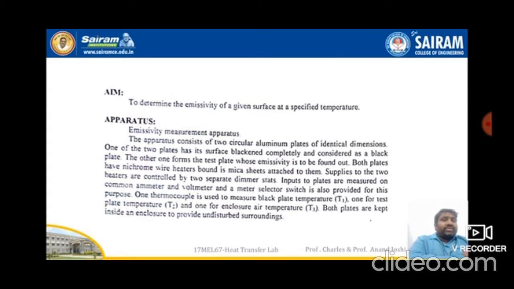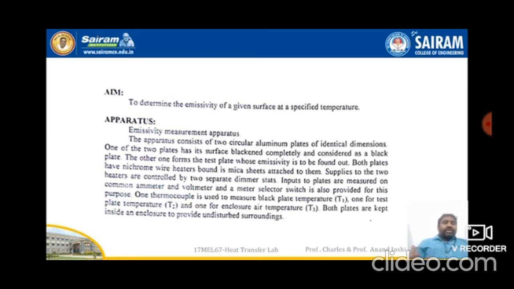I hope you understand the design of the equipment. There are two circular aluminum plates having identical dimensions. One plate is coated completely black, and the other is the test surface as usual.